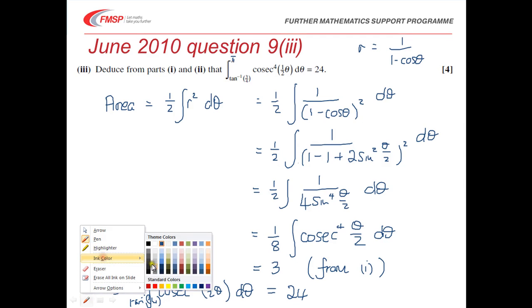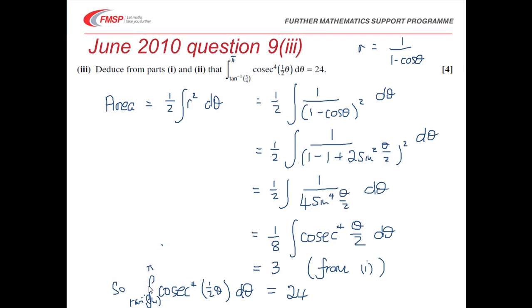And again, if we just have a quick look at how those marks are allocated, then you did get a B mark for remembering how to find the area of the sector, and that's what we've got there. A method mark for using the double angle formula here correctly.